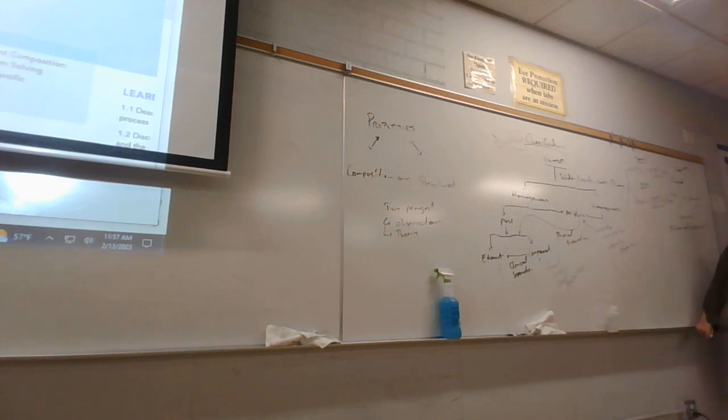And so rather than saying 0.001%, it might be more useful to say it's 10 parts per million or 10,000 parts per billion. And so it's just at a different scale. But these are the two big ones, percent and ppm.